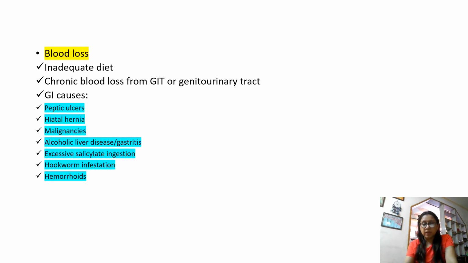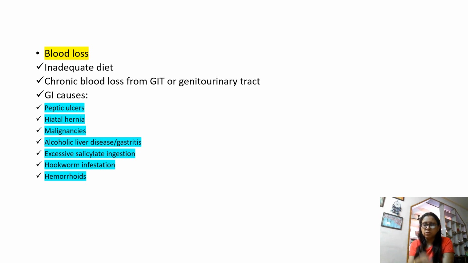Then second broad category is blood loss, because of which our iron load decreases. Okay, iron load decreases in the body. So one is inadequate diet, then chronic blood loss. What is happening with blood loss? If there is chronic blood loss from the GIT, gastrointestinal tract, and genitourinary tract, there can be numerous GI causes like peptic ulcer, hiatal hernia, malignancy, alcoholic gastritis, excessive salicylate ingestion, hookworm infestation, and hemorrhoids.